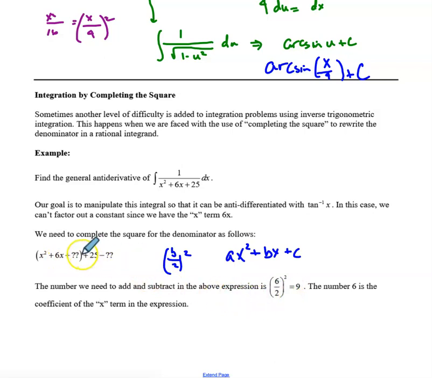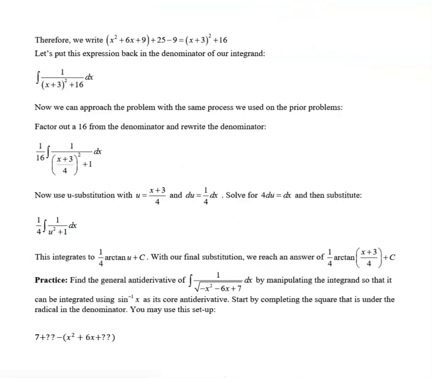So 9 is the number that we are going to both add here and subtract here. What that means is, since we have x squared plus 6x plus 9 in paren, that simplifies to the square of a binomial, x plus 3 quantity squared, and 25 minus 9 goes to 16.